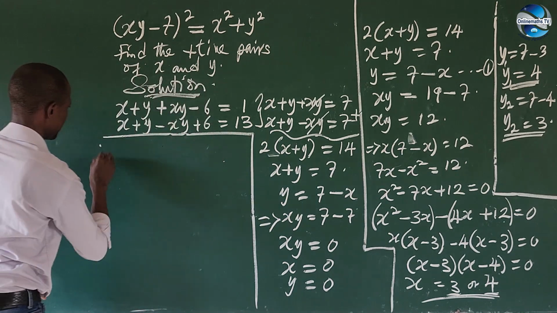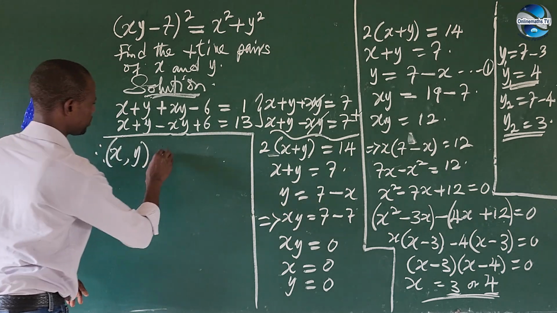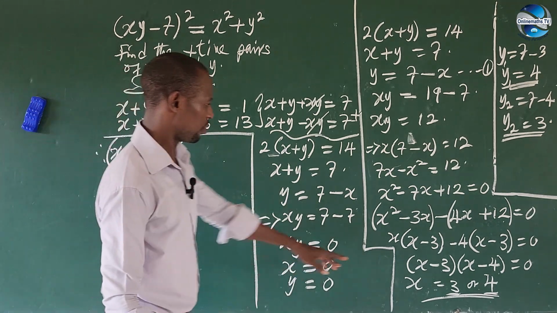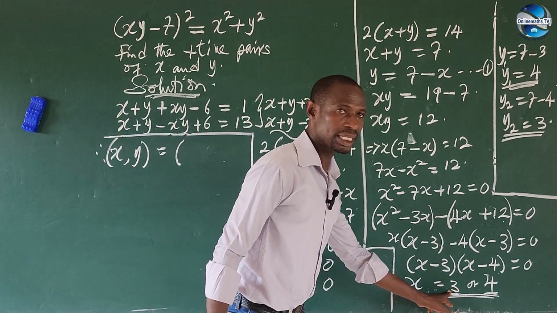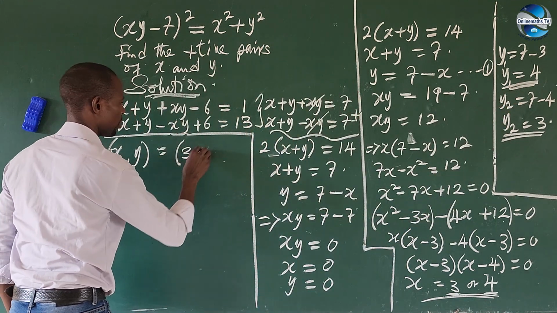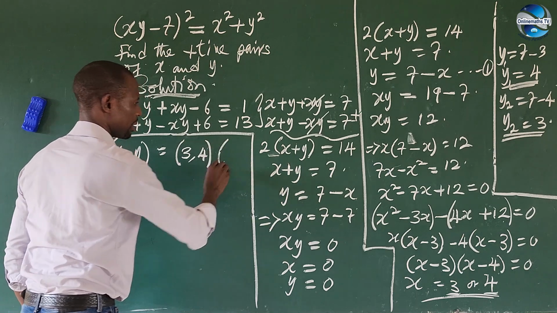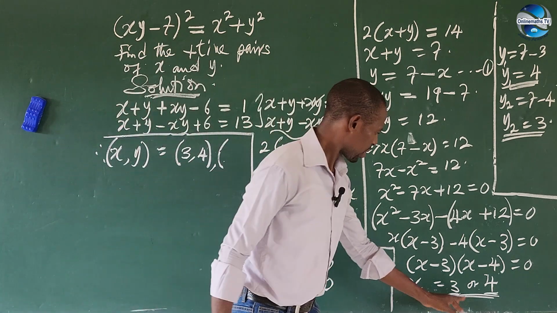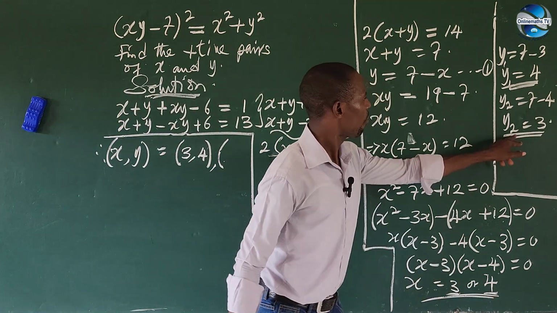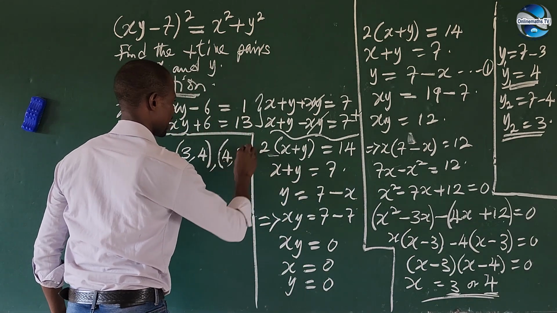So we can now say therefore (x, y) is equal to the first pair here, x is 3, y is 4, so we have (3, 4), close bracket. Then the next one, x is 4, y is 3, so we have (4, 3).